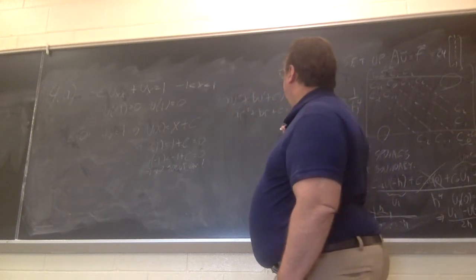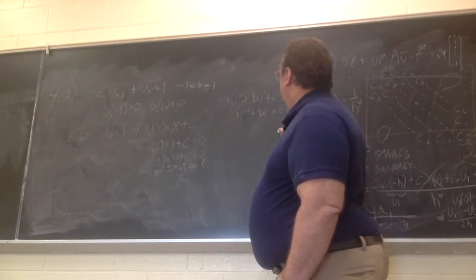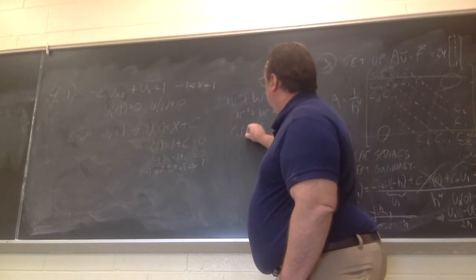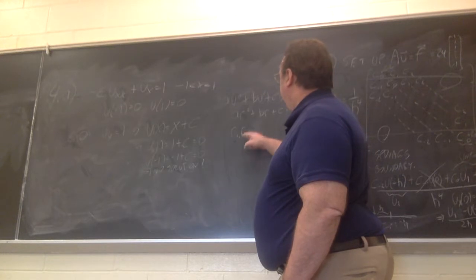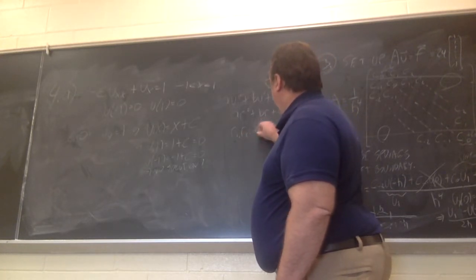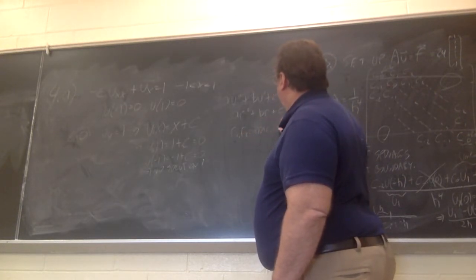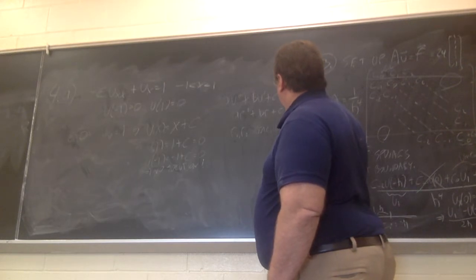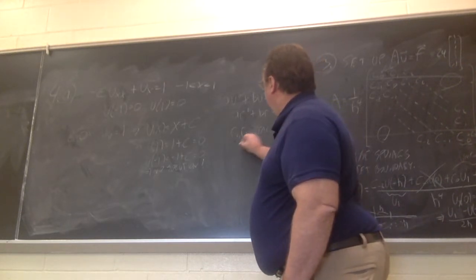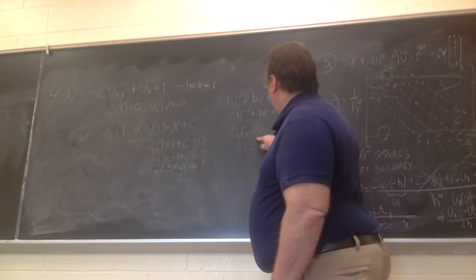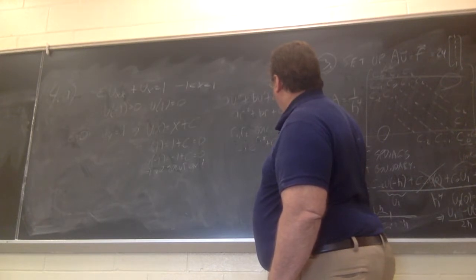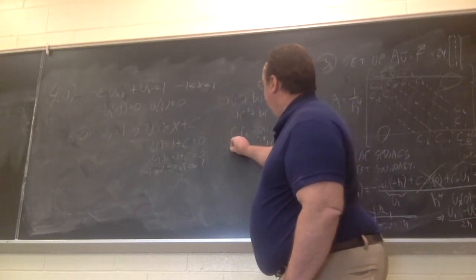And you solve this quadratic equation for two roots, which I'll call R1 and R2. If these are real and unequal, your solution has this form: a constant e to the R1x plus a constant e to the R2x is your solution.